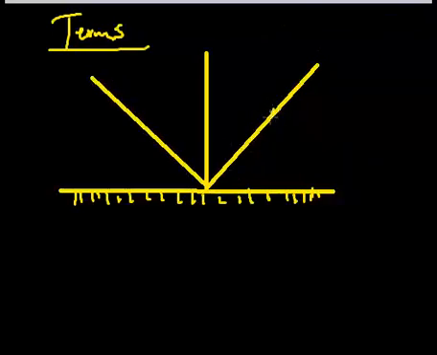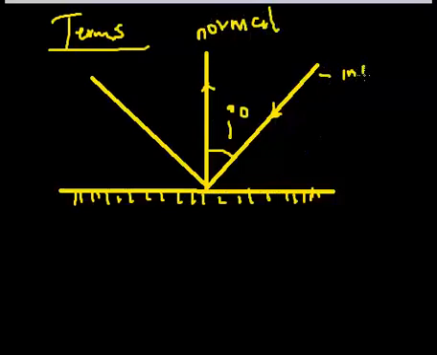The angle of incidence is simply the angle that the incidence ray makes with the normal. This is the normal, a line drawn perpendicular to the surface. This is the incidence ray, and of course this is the reflected ray.